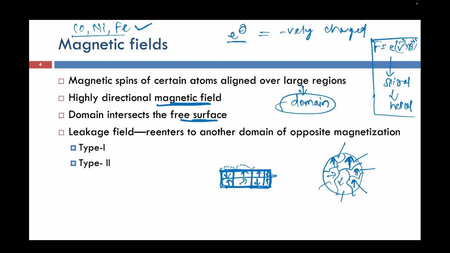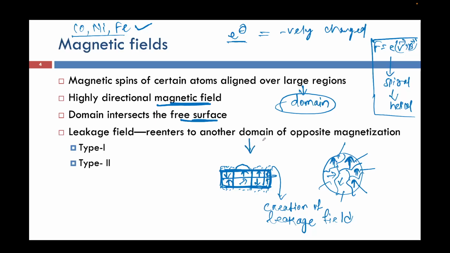When this magnetic field crosses the surface of the material and passes through free space, the creation of a leakage field takes place.